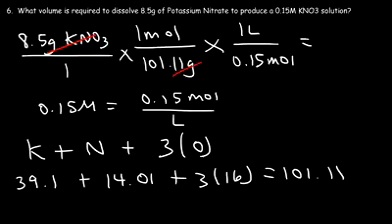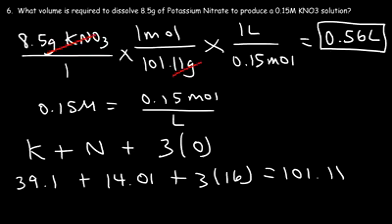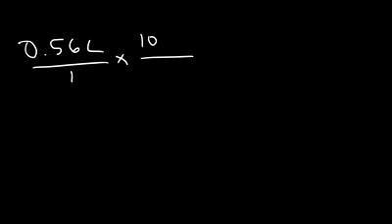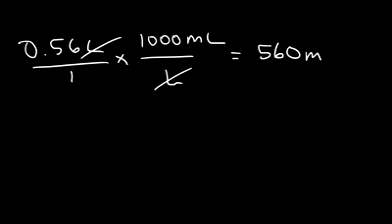So it's 8.5 divided by 101.11, and then take that result divided by 0.15. So it's 0.56 liters. So that's the volume in liters. And if you want to convert that to milliliters, all you need to do is multiply by 1,000. There's 1,000 milliliters per liter. So this is going to be about 560 milliliters.